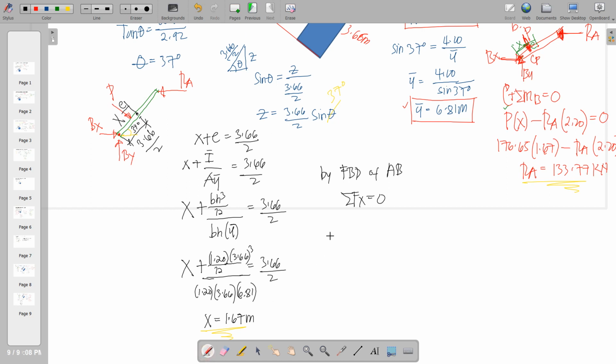So we have rightwards Bx minus leftwards Ra plus the component of P. So this is the component of P along x, and that will be the component of P along y. So how shall we determine those components? So recalling your knowledge in mechanics, say this is our inclined plane. Remember, this is 37 degrees.